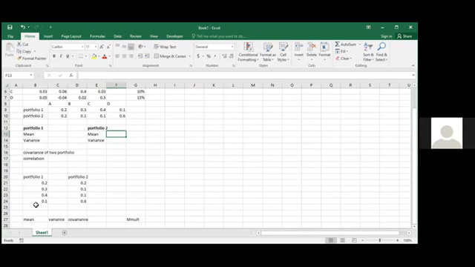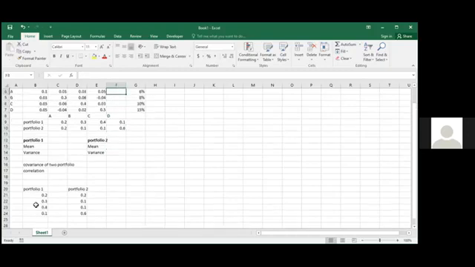It means the proportion of investment in each asset multiplied by the return of each asset. So now we have values here. Return measures are 6%, 8%, 10%, 15%.